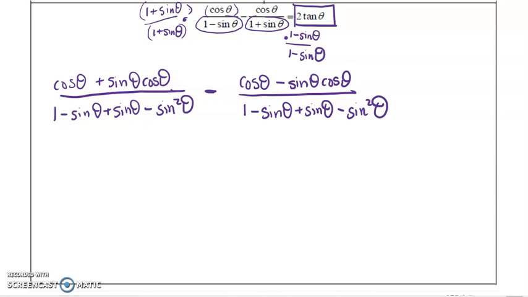So on the left-hand side, I can't really do anything with the top, maybe just yet. Okay, but I'm going to keep it the same. In the denominator, I notice how I have a negative sign and a positive sign, so those are going to cancel. And I'm left with 1 minus sine squared.